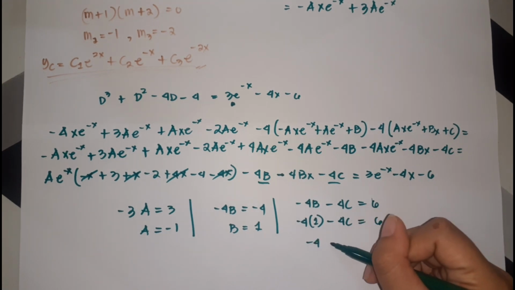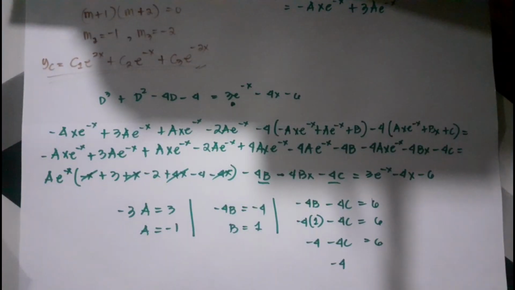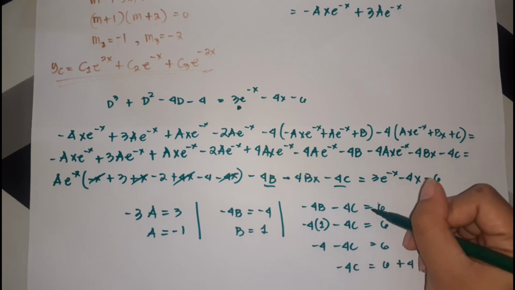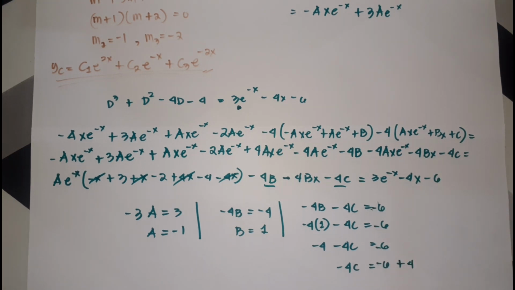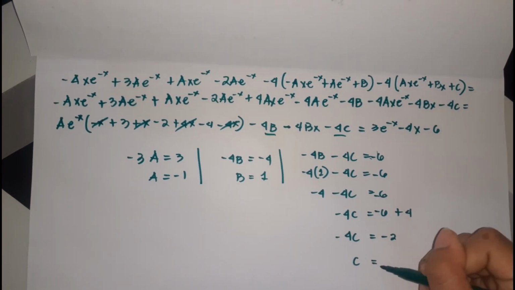So negative 4 minus 4c equals negative 6, then negative 4c equals negative 6 plus 4. Sorry, this will be negative 6. So negative 4c equals negative 2, and the value of c is positive 1/2.